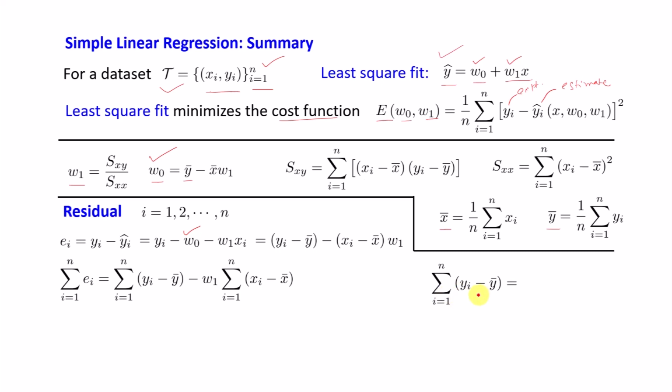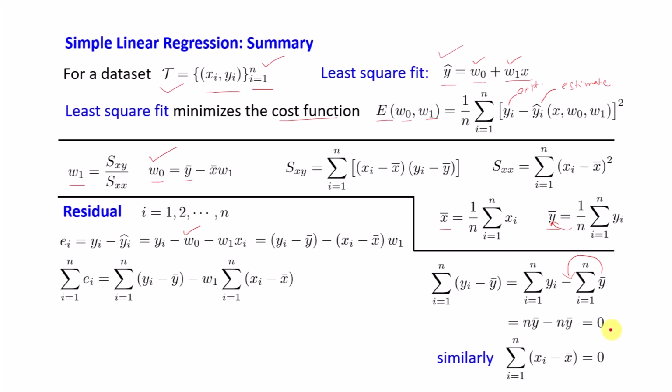If I break this sum, it would be summation of yi minus summation of y bar. Now the summation of yi, from here we can see, should be n into y bar, and in the second term the y bar can come out of the summation sign. That means this should be only the summation of 1, which gives us again n. Therefore, it is n y bar minus n y bar, and that is 0.